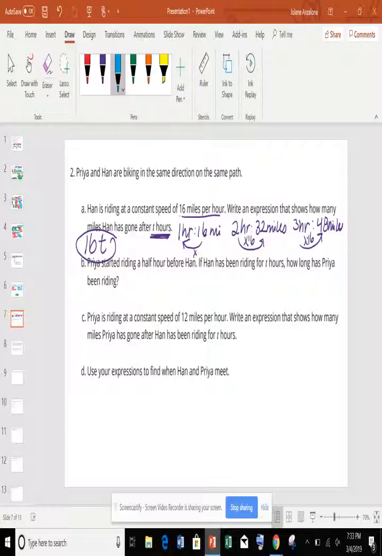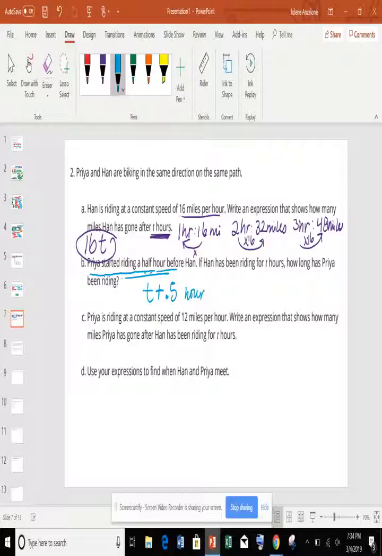So for B, Priya started riding a half hour before Han. If Han has been riding for T hours, how long has Priya been riding? So Priya started riding a half hour before Han. So if I take Han's time, I'm going to add half of an hour, right?